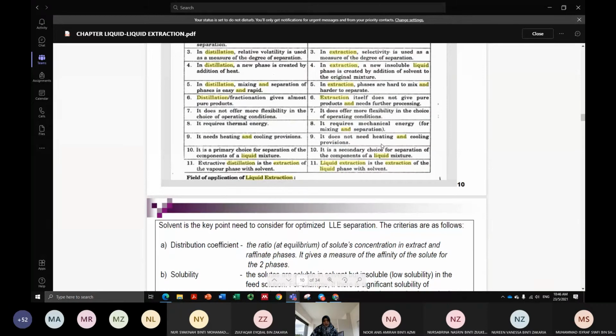When you look at the operating cost, distillation is much more expensive compared to liquid extraction.